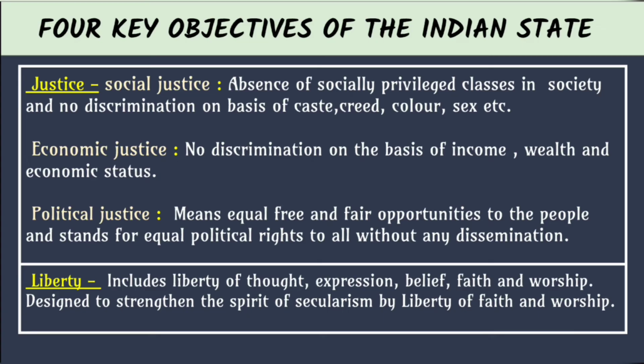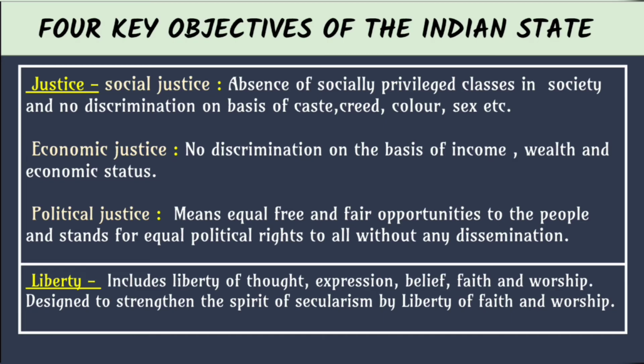Now economic justice means there will be no discrimination on the basis of income, wealth and economic status. Political justice defines that there will be equitable, free and fair opportunities given to the people and stands for equal political rights without any discrimination. Everyone will have equal voting rights, equal political rights to elect their representatives, and in decision making powers, so that is called political justice.